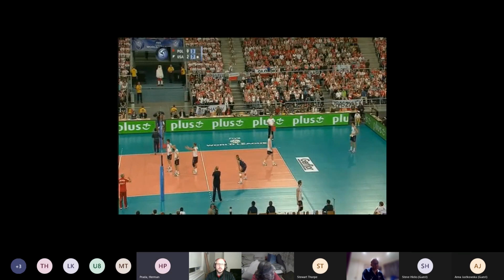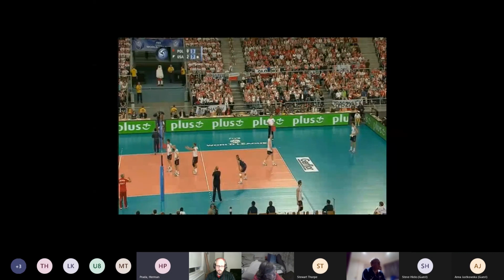It could be a fault because if the USA player can actually hit it or attack it, then the ball is still in play, even though it hasn't crossed the net. You don't call it just yet.